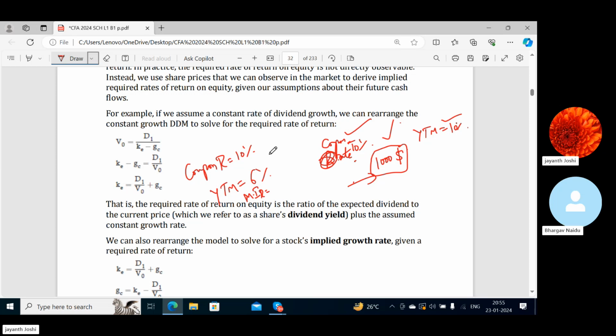Premium. Because the company is paying 10% and in the market people are getting 6%, right? So the bond will trade at a premium. What price will the bond trade at?